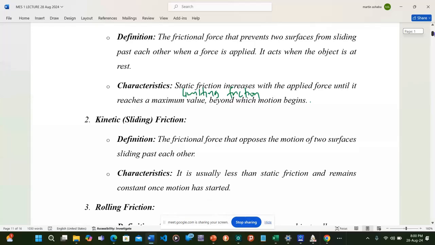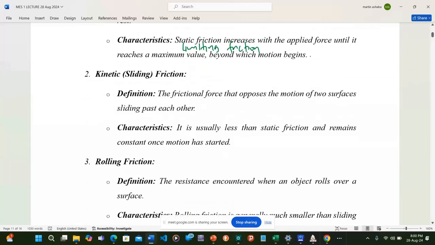Then kinetic or sliding friction is a frictional force that opposes the motion of two surfaces sliding past each other. So when you have surfaces sliding past each other, we shall call that kinetic friction or sliding friction. Here, it usually is less than static friction and remains constant once motion has started.